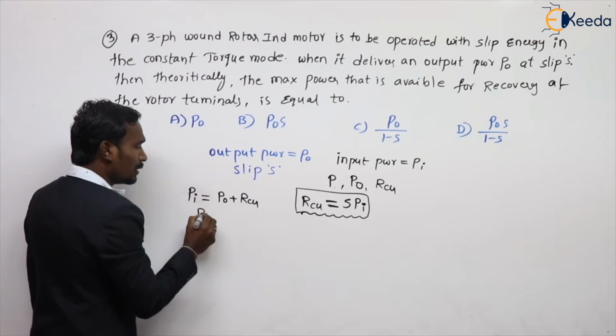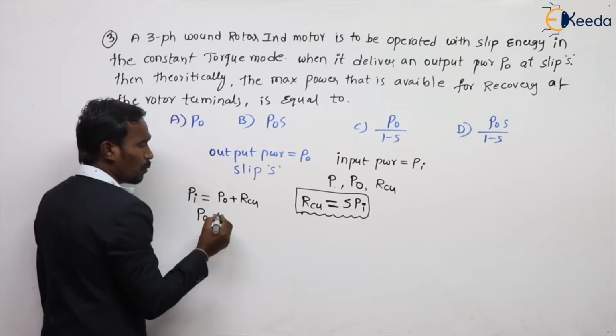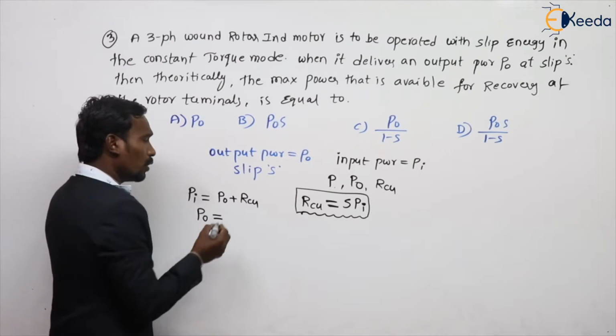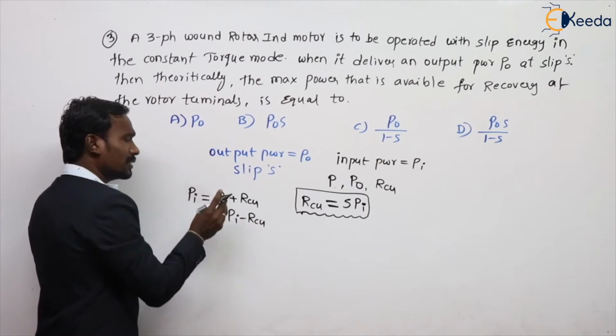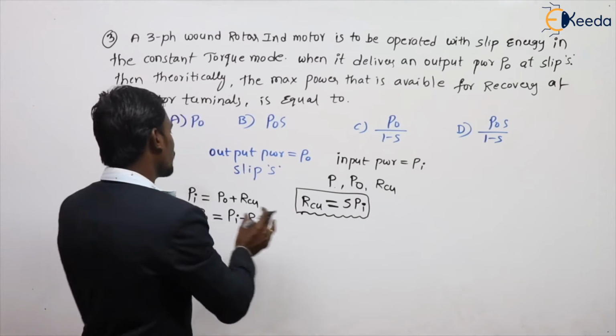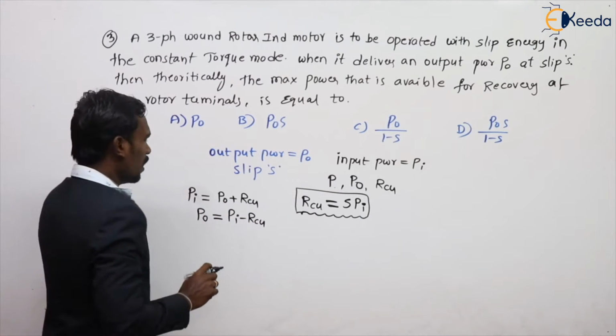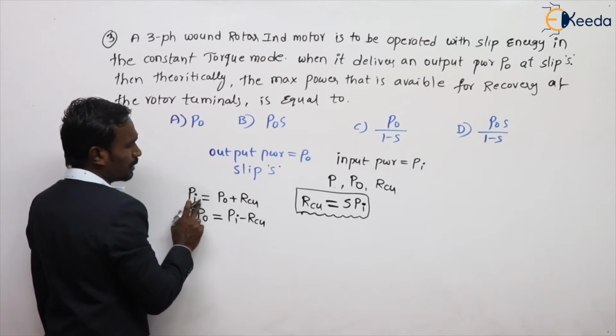From this, rotor output is equal to rotor input minus rotor copper losses. These are the relations between the power losses. So here I want rotor input to substitute.